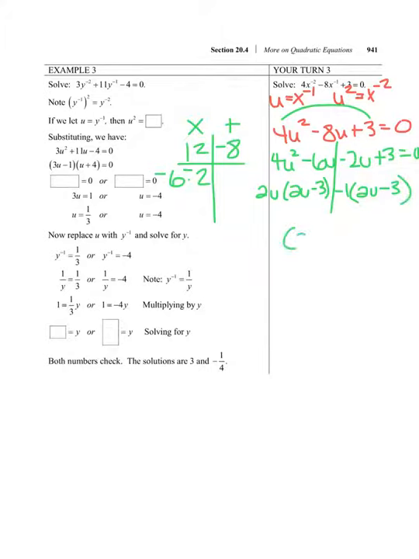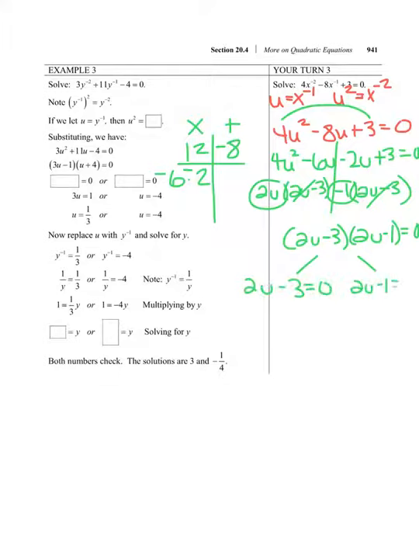So this is going to factor to 2u minus 3 times 2u minus 1. So setting each of these equal to 0, gives me u equals 3/2 and u equals 1/2.